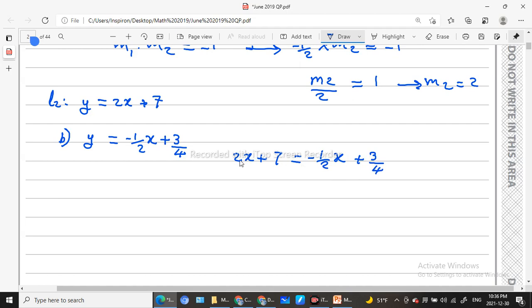Now adding half x to both sides, we have 2 and a half x plus 7 equals 3 over 4. This can be written as 5 over 2 x, and taking the 7 to the right side equals negative 7 plus 3 over 4.